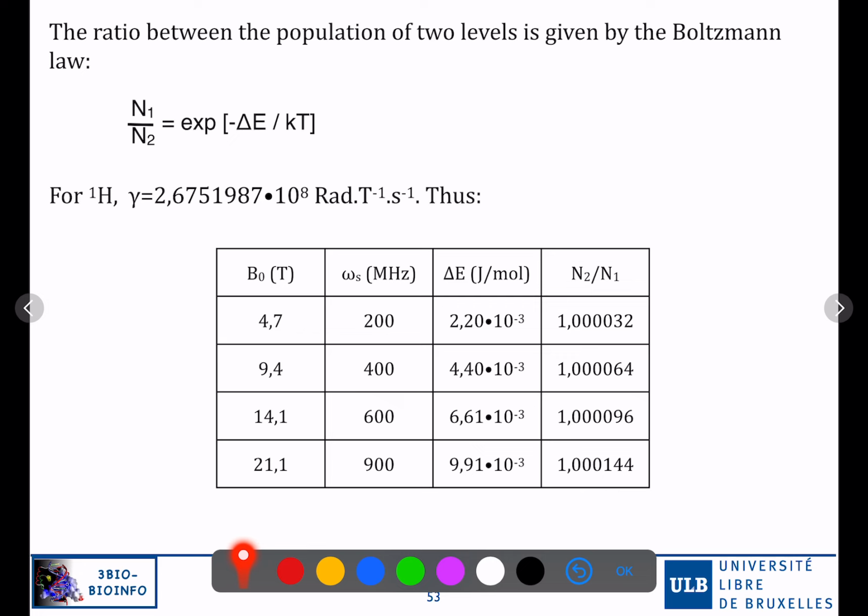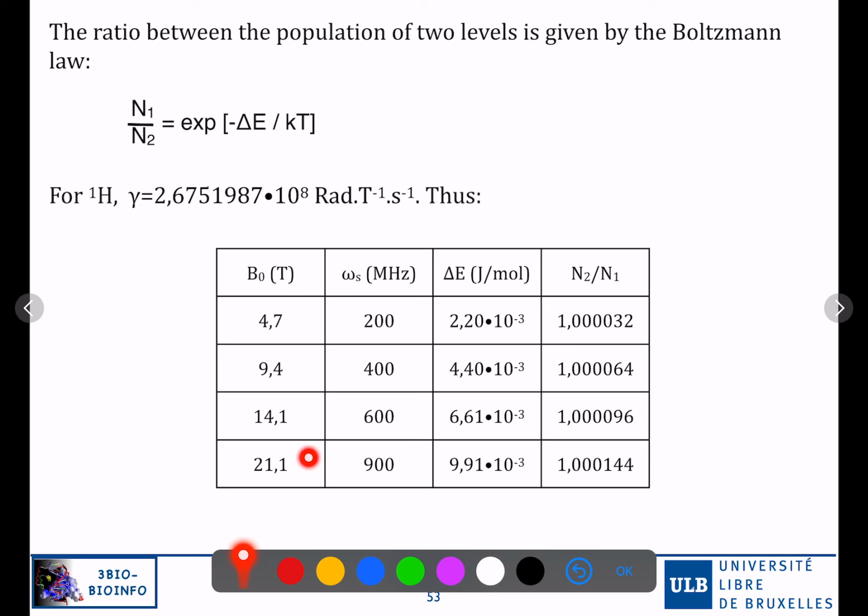So if you have a ratio of 1, that means that you have exactly the same number of nuclei that present a magnetic moment in one sense, and exactly the same number of nuclei that present a magnetic moment in the opposite sense. And so when you make the resultant between the two, you have a resultant that is equal to 0. So you need a difference in the population in the two states to observe something later in NMR.